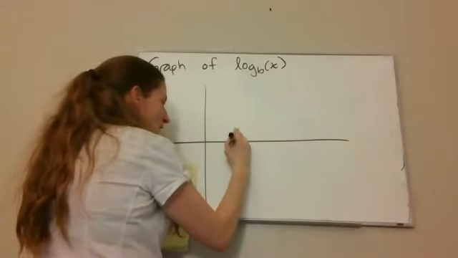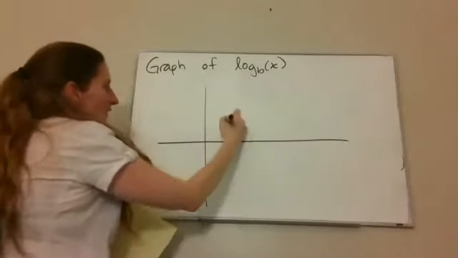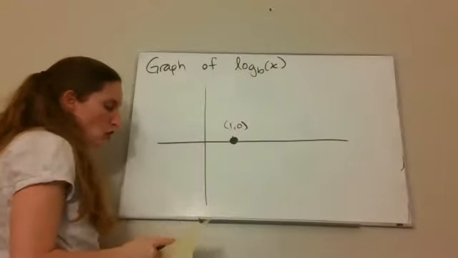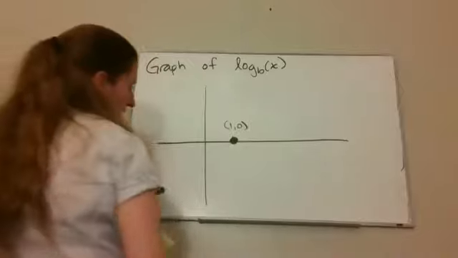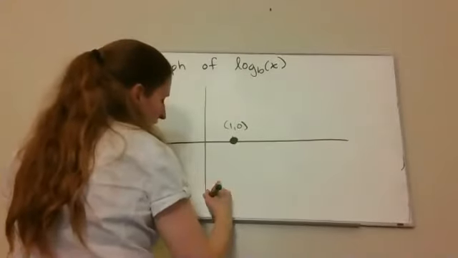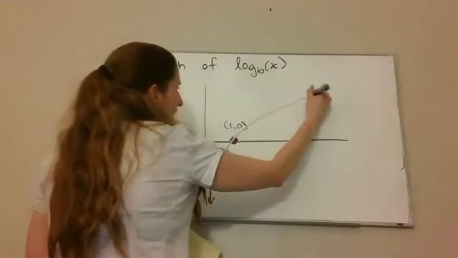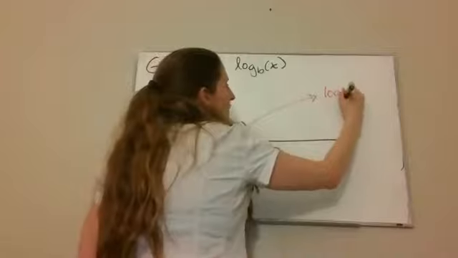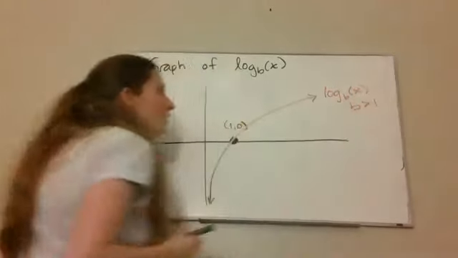For exponentials, the special point was at 0, 1. For logarithms, it's at 1, 0. So your logarithmic functions can look like one of two graphs. I have one graph that has this vertical asymptote here, and it just goes up like this. This is log base b of x when b is bigger than 1.